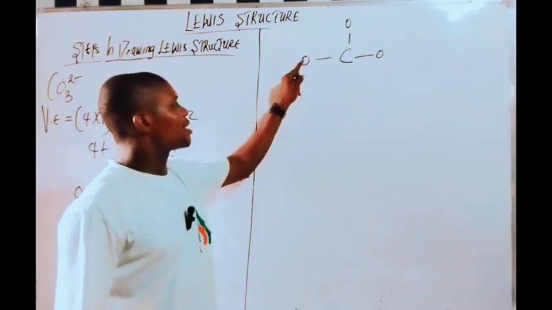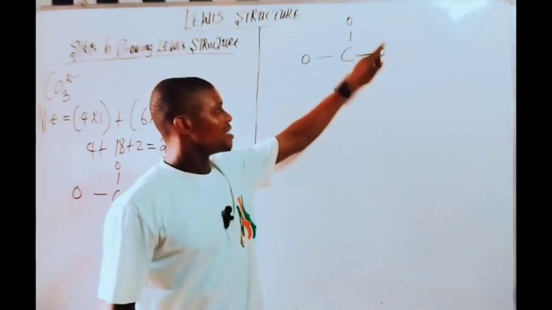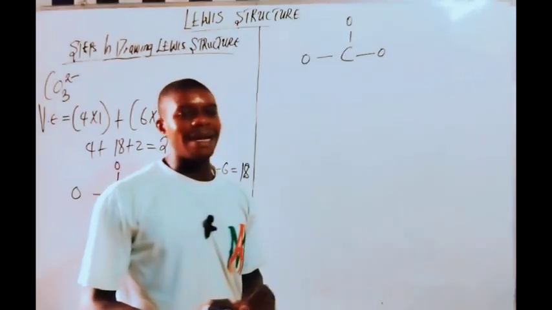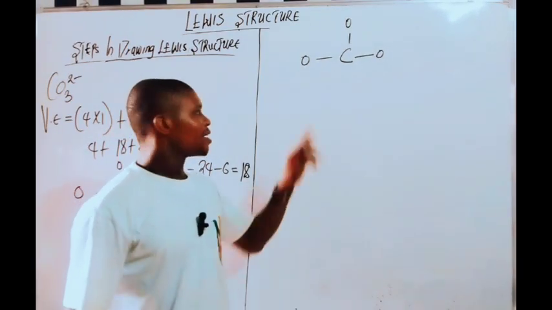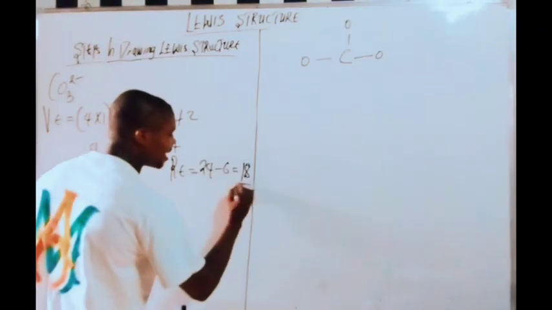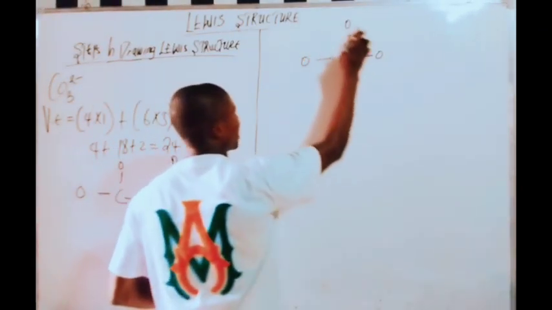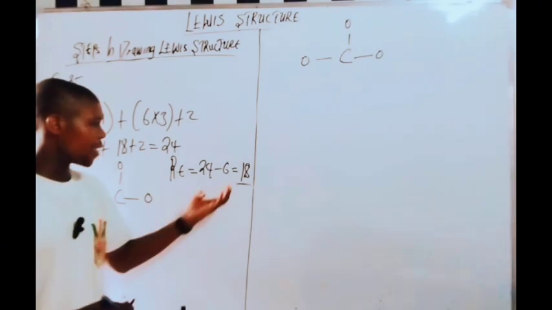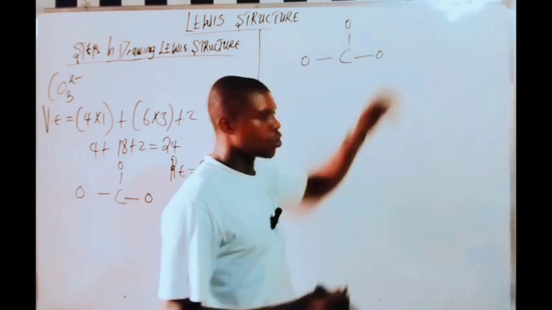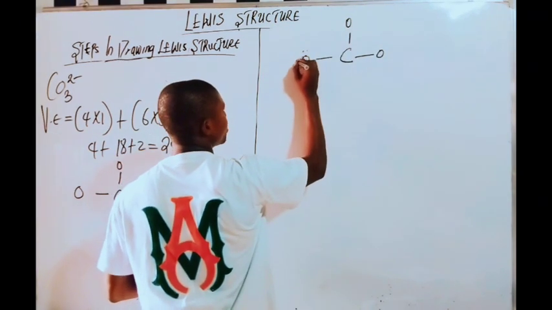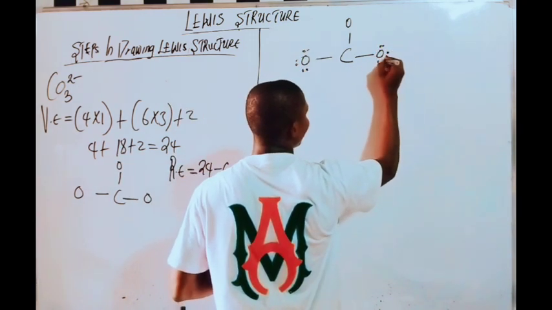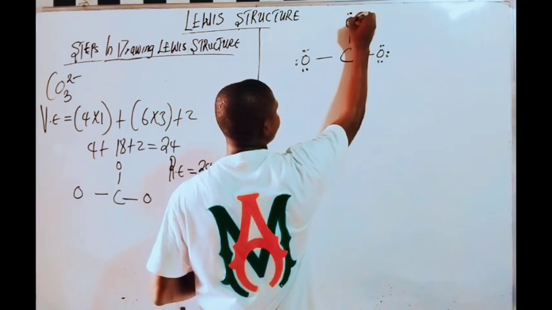So it means that each oxygen needs 6. If they each need 6, how many electrons are they going to use? 6 plus 6 plus 6 is 18. It means that my remaining 18 electrons will go here, 6, 6, and 6. So here we have 1, 2, 3, 4, 5, 6, on each oxygen.